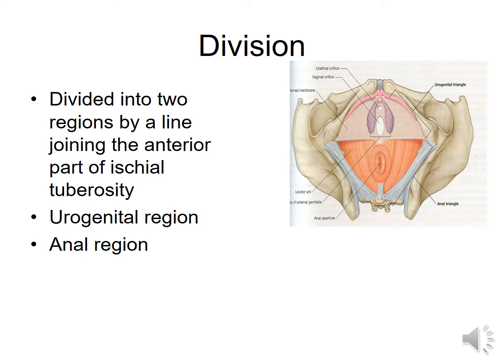And urogenital region bears the external urogenital organs in the superficial and the deep perineal pouch. And in the anal region, we have ischioanal fossa on either side of the anal opening, which is today's topic of interest. So this is the division of perineum.